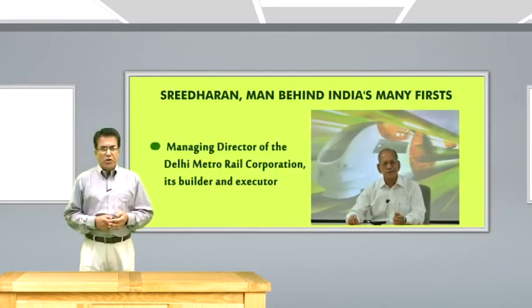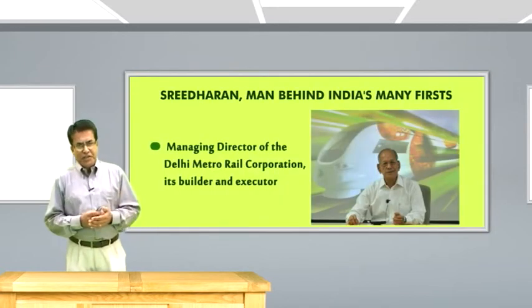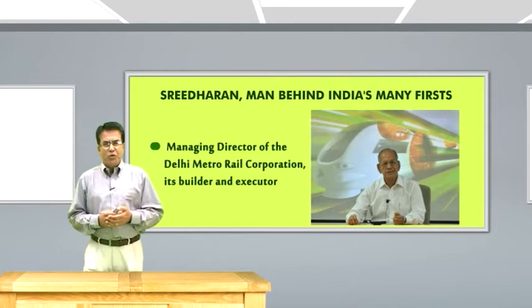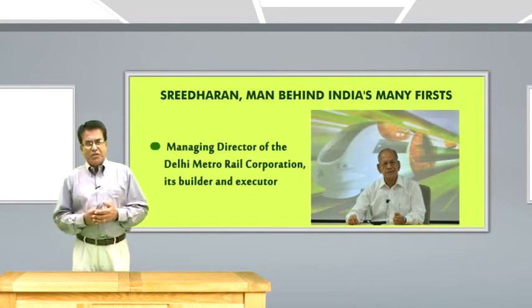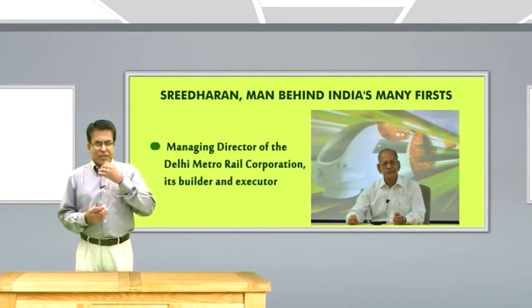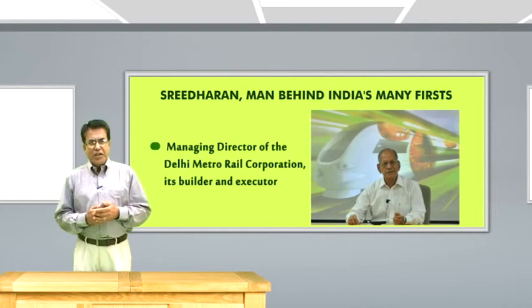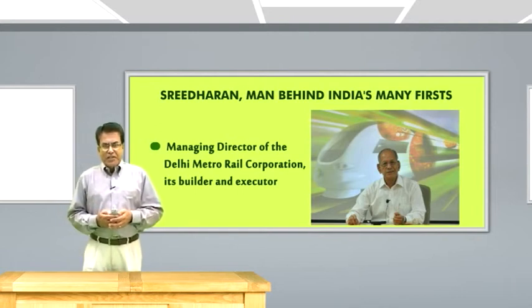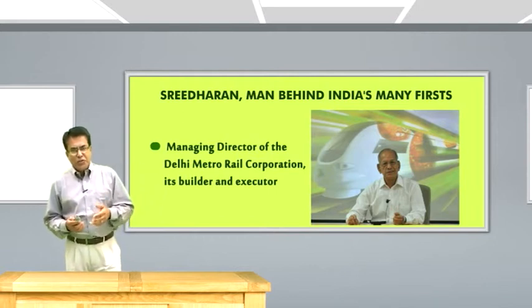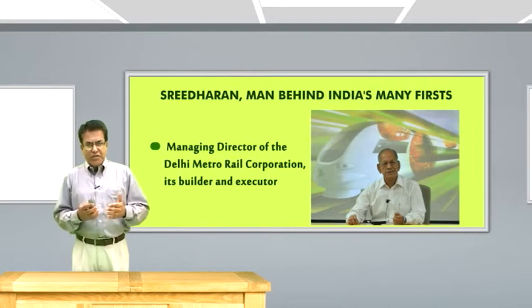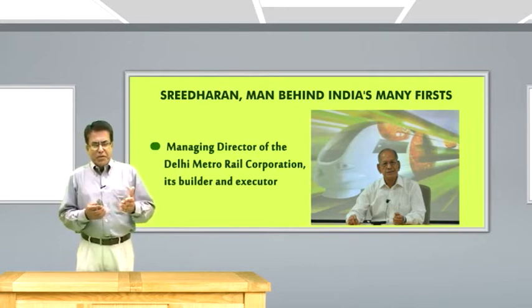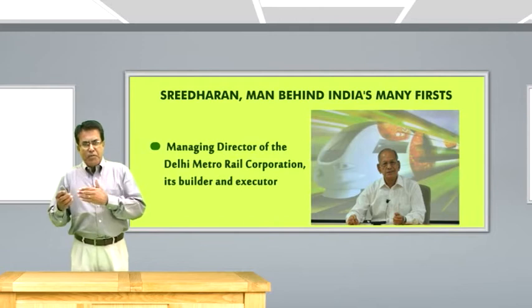And I am sure all of you know Mr. Sreedharan. Sreedharan is always considered a role model for managers, and he is the managing director of the Delhi Metro Rail Corporation. Usually in reality, technocrats, the technical people, may not be good managers.